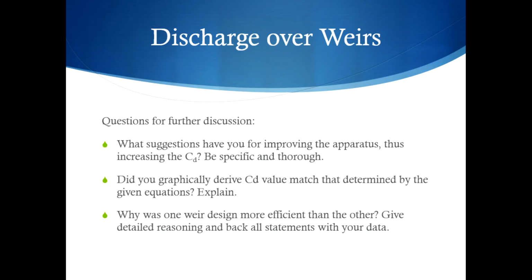And some questions for further discussion could be: what suggestions have you for improving the apparatus, thus increasing the CD? Be specific and thorough. We can say also, we discussed the calibration of the open channel flow apparatus. It has to be leveled. Also, accounting for less energy loss.